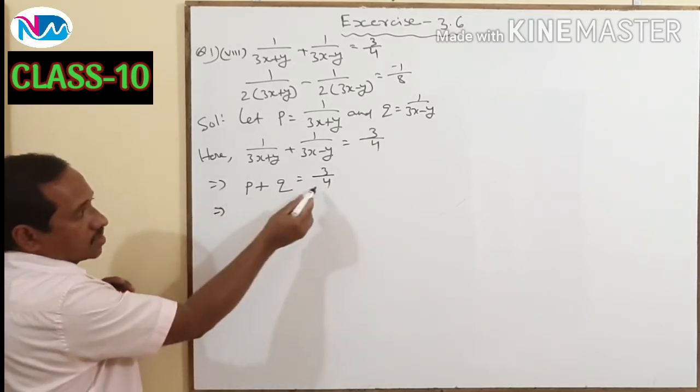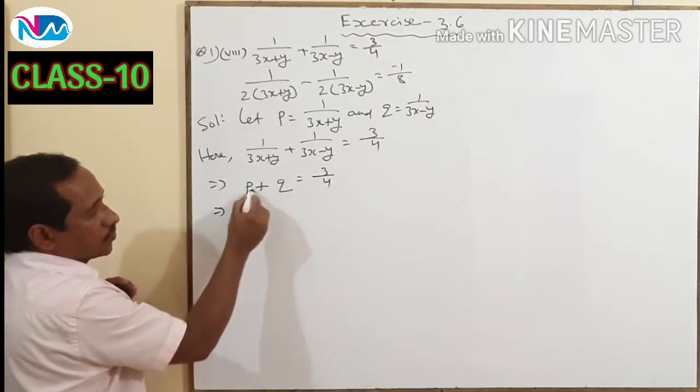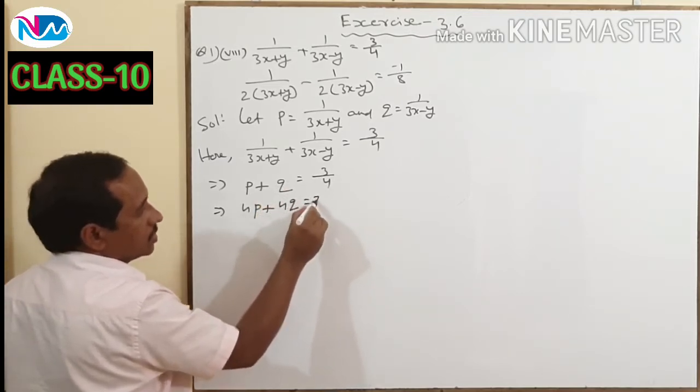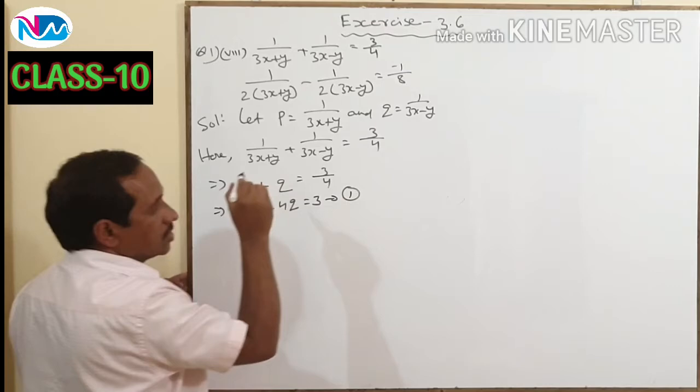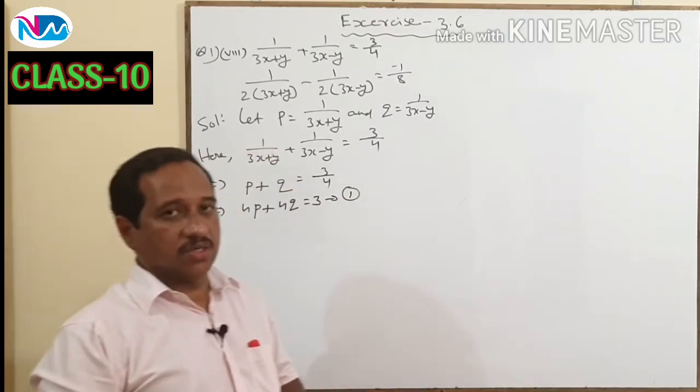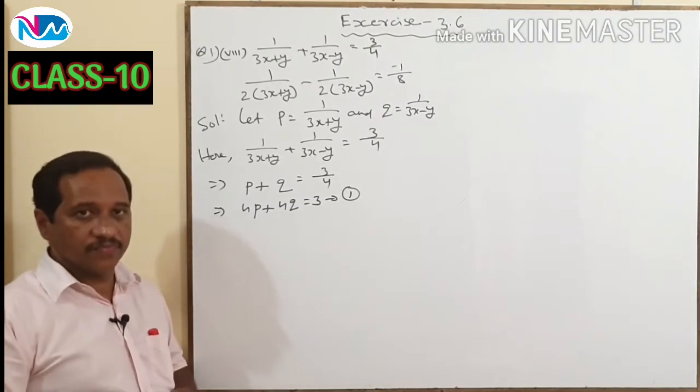Cross multiplying with the 4, we get 4p plus 4q is equal to 3, which is equation number 1, a linear equation in two variables p and q.